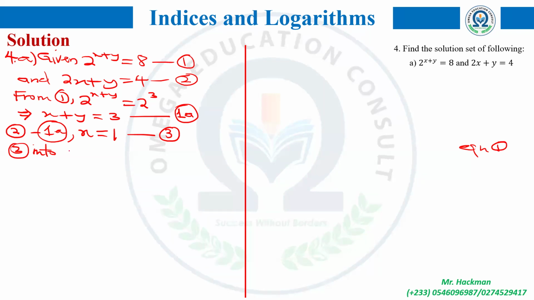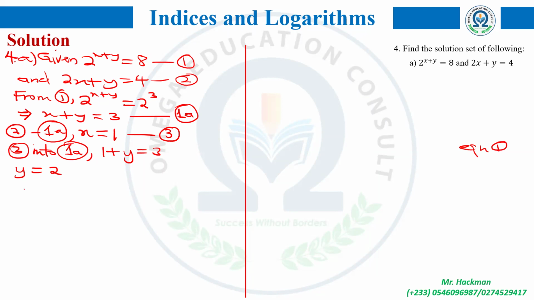So it will be into 1a. If you want to substitute that into 2, you can. Wherever we see x in 1a, it is 1. So you get 1 plus y is equal to 3. Is that clear? So it means our y will be equal to 3 minus 1, which will give us 2. All correct.